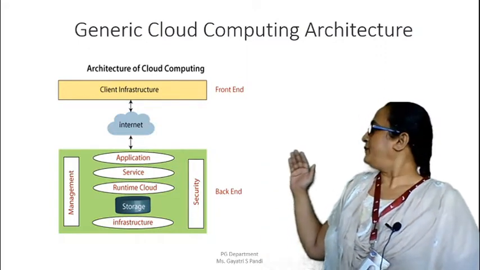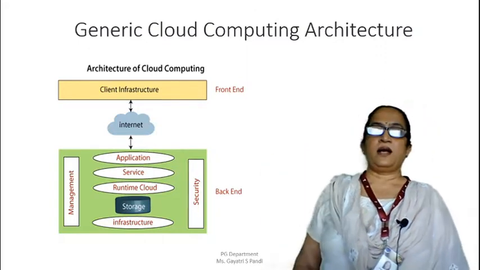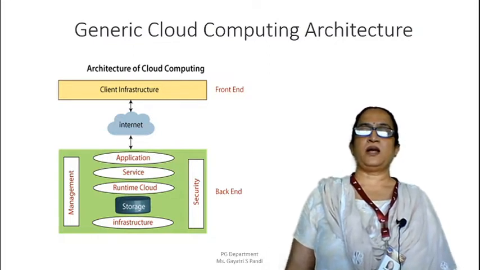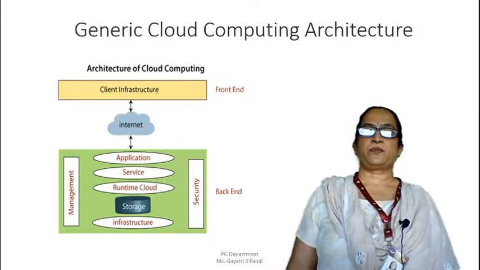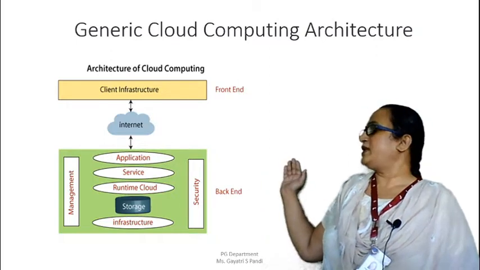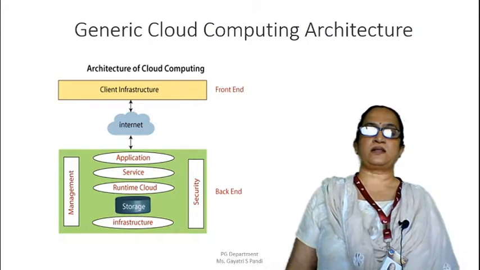In the backend, there are various layers. For example, you have the management layer, application layer, service layer, runtime cloud, storage, infrastructure, and security. Management is used to manage the different layers in the cloud.